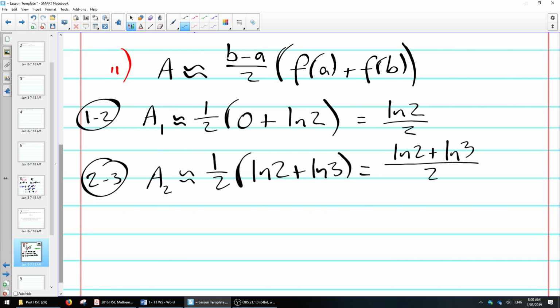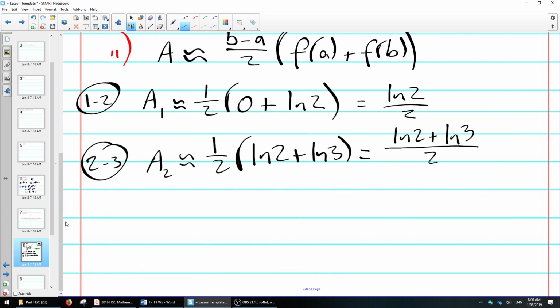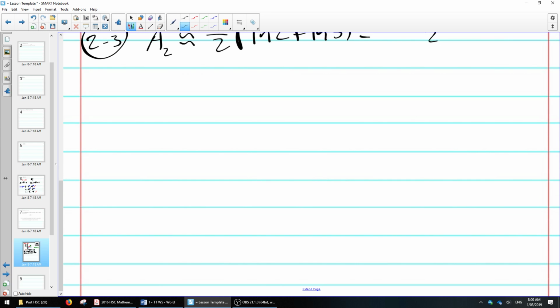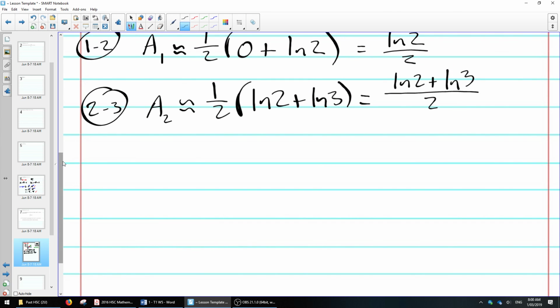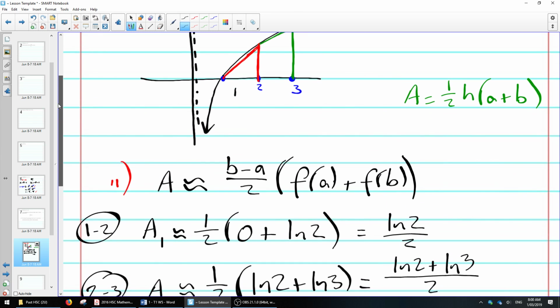If I wanted to be fancy, how can I write that in terms of just 1 ln? What's ln 2 plus ln 3? When you're adding logs, you multiply them. So that'll be ln 6 over 2. So the area of this red trapezium, which is actually a triangle here, is ln 2 over 2, and the area of that green trapezium there is ln 6 over 2.